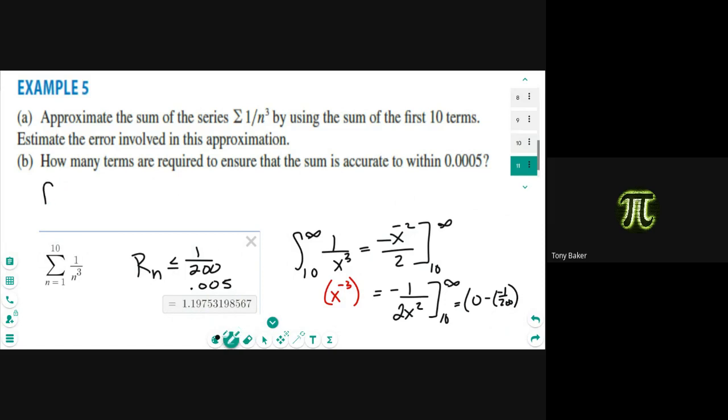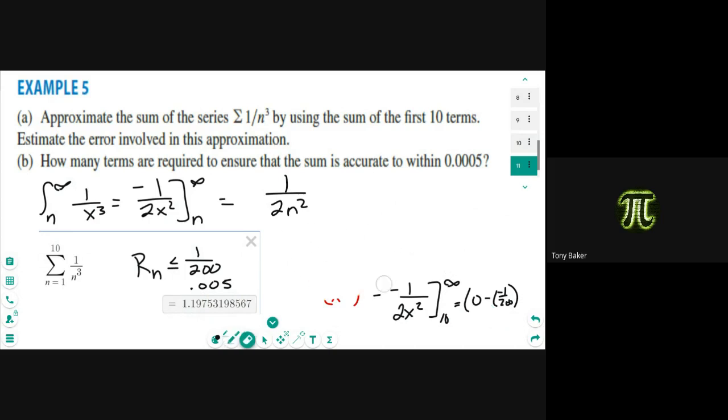We know that my integral, and instead of 10, because I don't know which number I'm going to use, I'm going to put an n, is negative 1 over 2x squared, which ends up equaling negative 1 over 2n squared, or positive 1 over 2n squared, which we did basically with this stuff down here anyway.